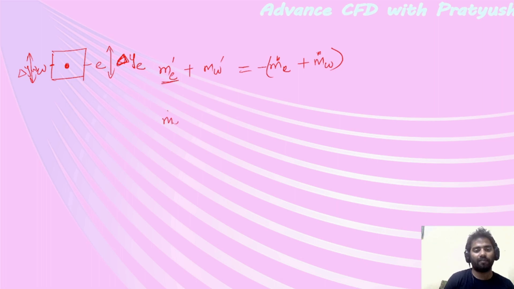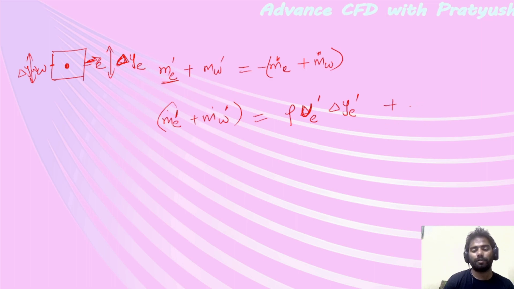Let me write these terms first in terms of UE dash. So M dot E dash I can write as rho E UE dash into del Ye, which is the mass surface flux on this face.